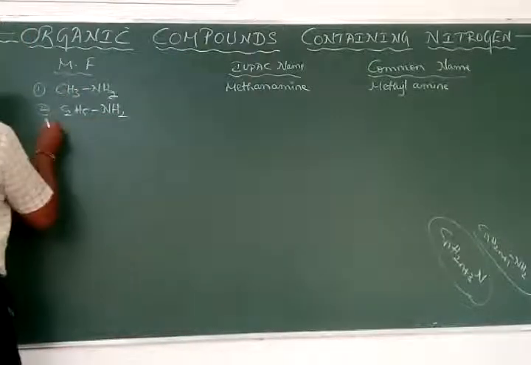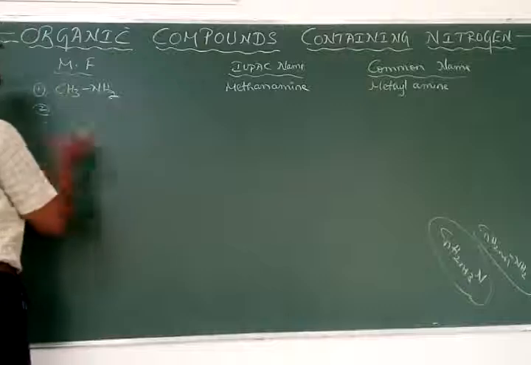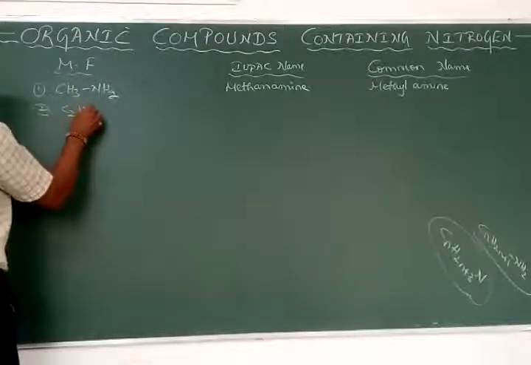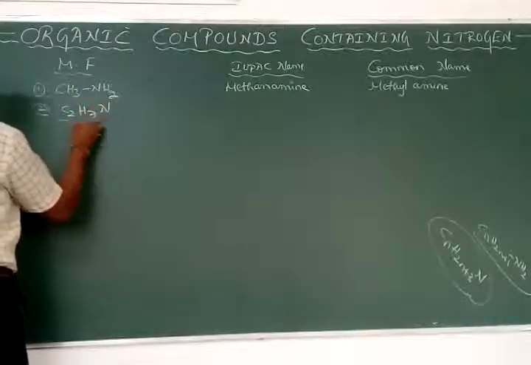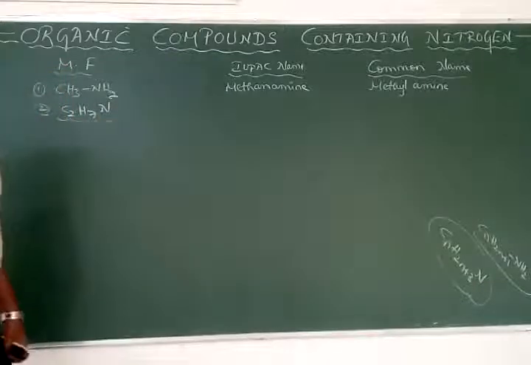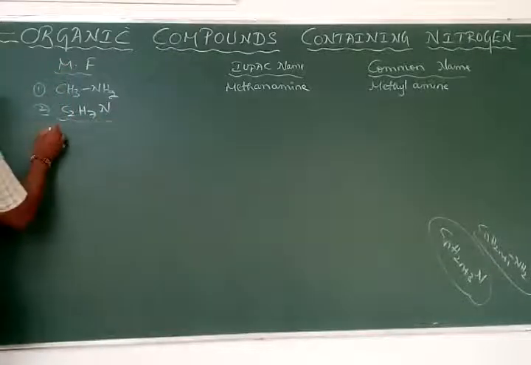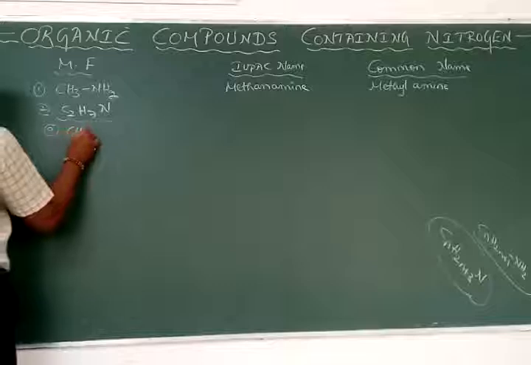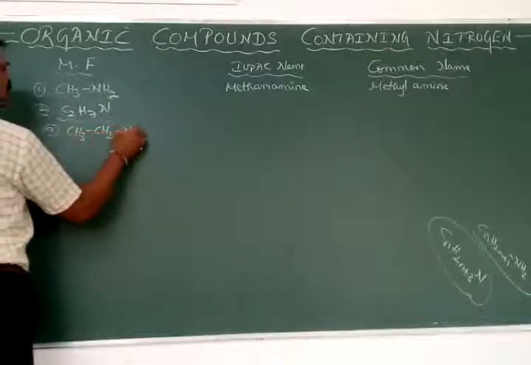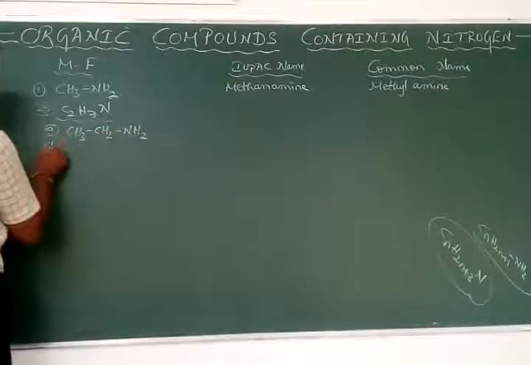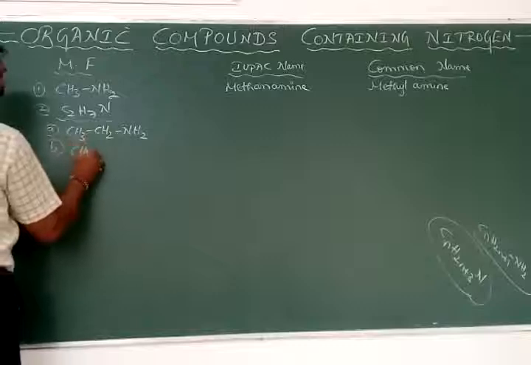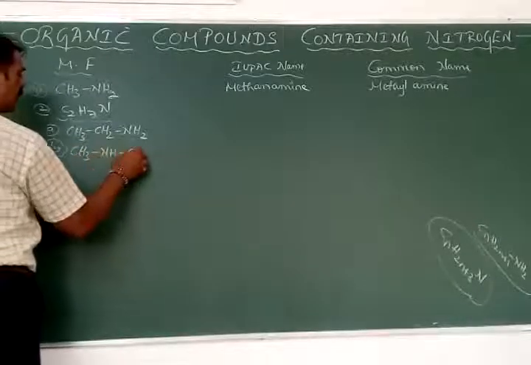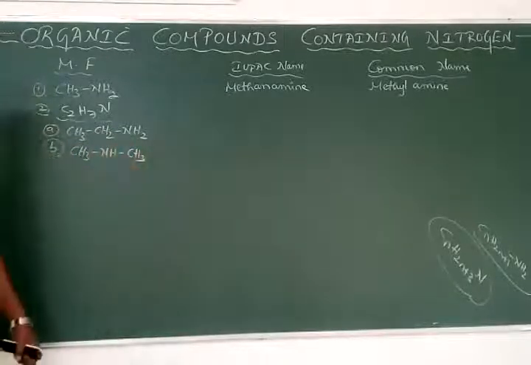So on that basis, if I make this C2H7N, then the first possibility is CH3CH2NH2. The second possibility is CH3NHCH3.